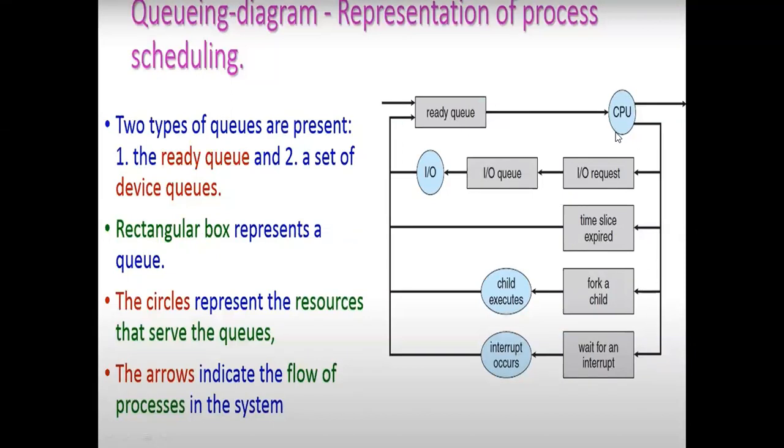If the process creates a child process, that is sub-process, using the fork system call, the child will be executed. That is, the instructions of the child will be executed. So the parent will be waiting till the child process completes its execution. Okay. The process will also wait whenever an interrupt occurs.